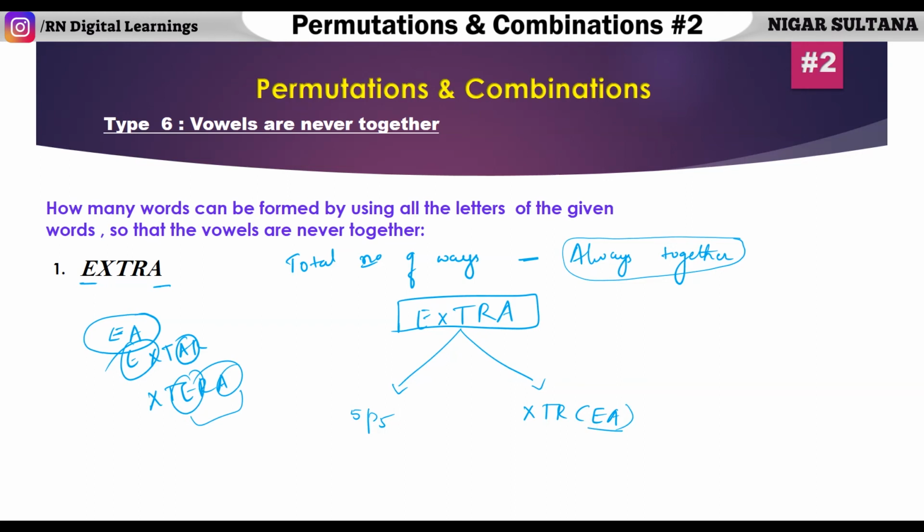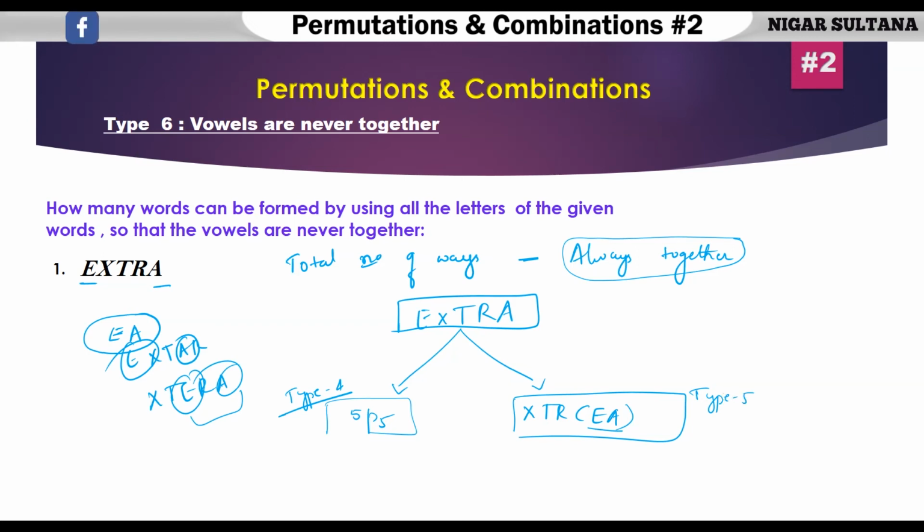So this is my type 4 problem and this is my type 5 problem, right? Now this can be written as 5 factorial. The value of 5 factorial we have solved in so many problems. That 5 factorial is 120, isn't it?